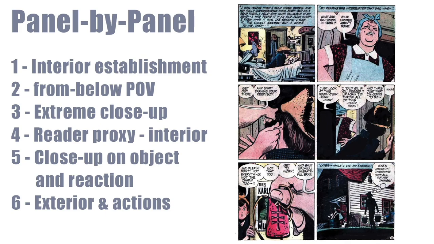Panel 4, the character is a proxy for the reader, and I'll go into some more details about that. Panel 5 is a close-up on the object and then the reaction to what's being said and of the object and the actions. And then lastly, panel 6 is a long shot, which focuses on the exterior of the home and then the actions of the characters. And that pretty much covers it.